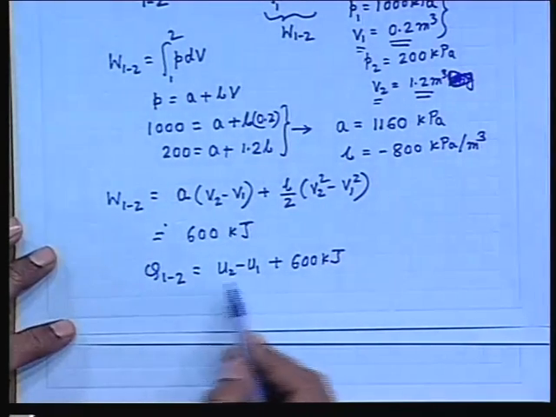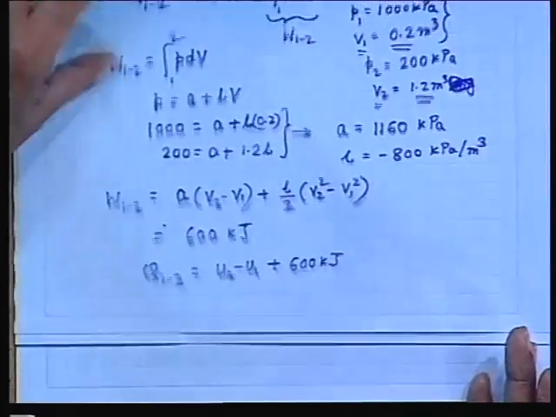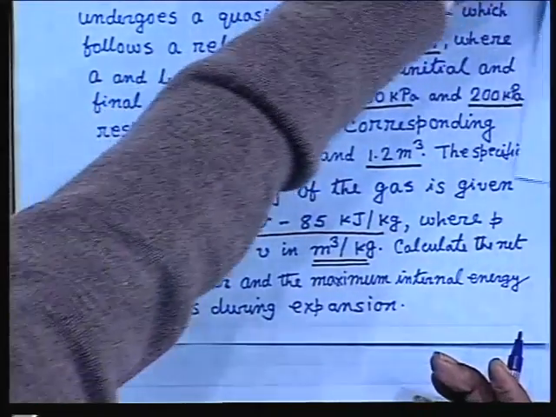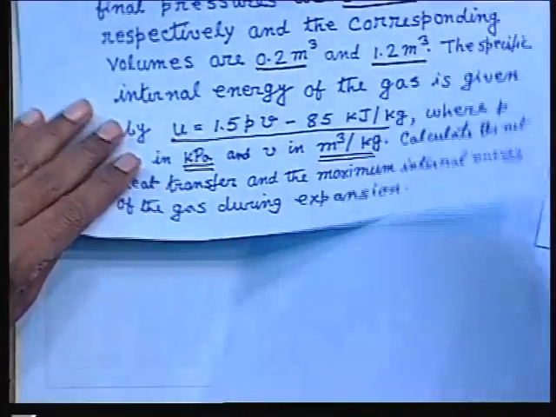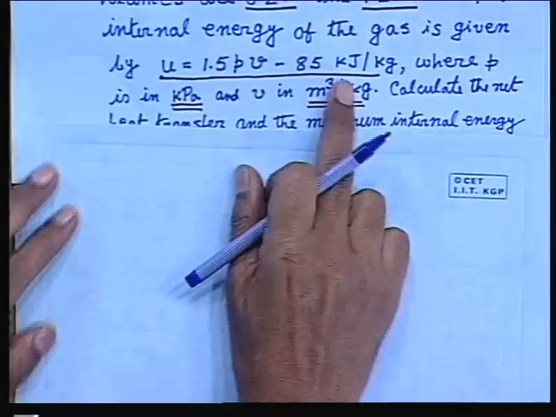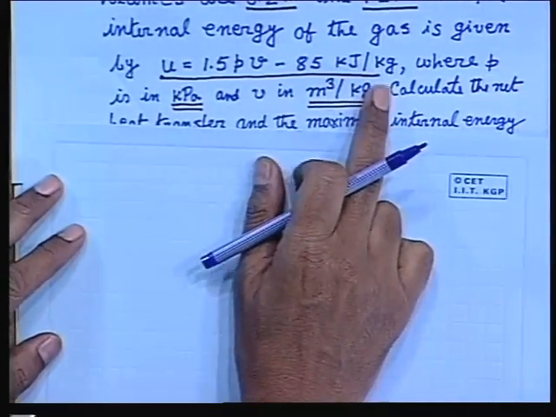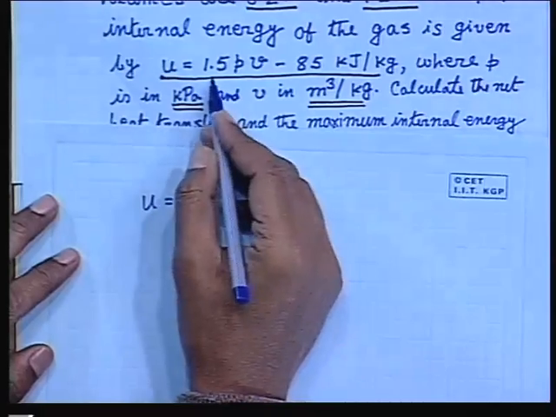All right. Now how to find out U2 minus U1 from the property relation? It's a school level problem, in fact. So property relations, what is this? Property relations is this, U. So this is kilojoule per kg. That means if I want to find out capital U, we will have to multiply it with the mass.